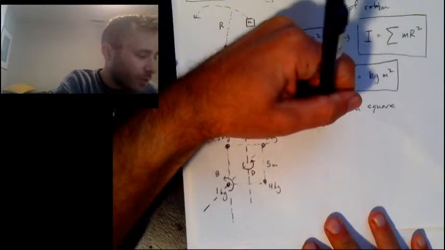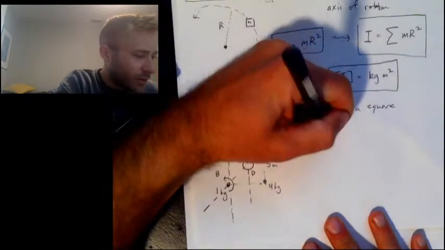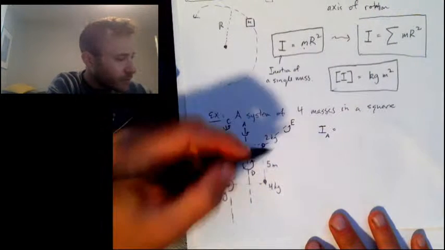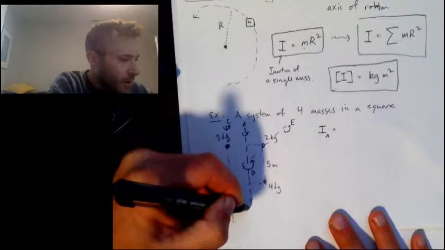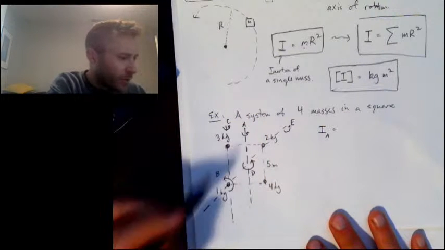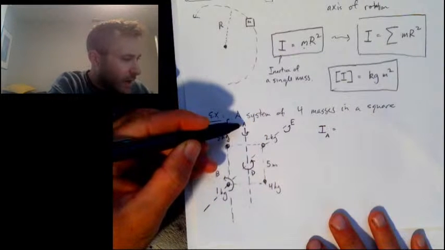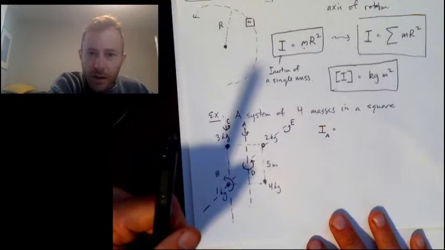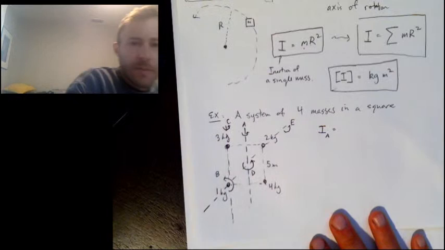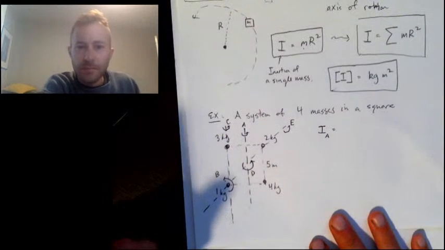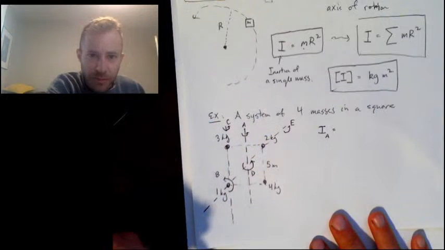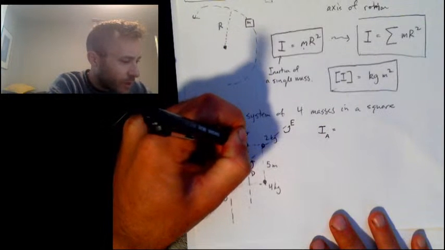Let's suppose I wanted to calculate the rotational inertia about axis A. For axis A, I can see that this 2 kilogram mass, for example, how far is it from the axis of rotation?